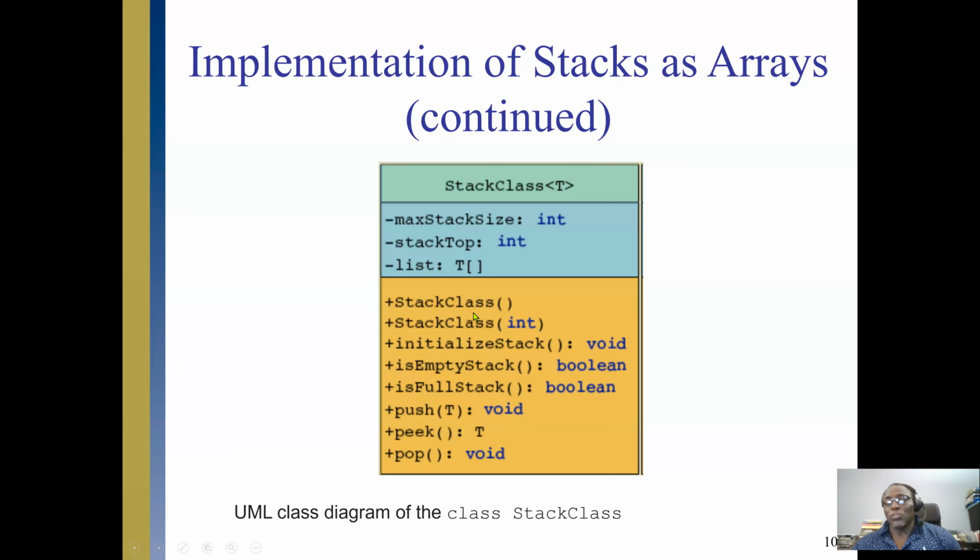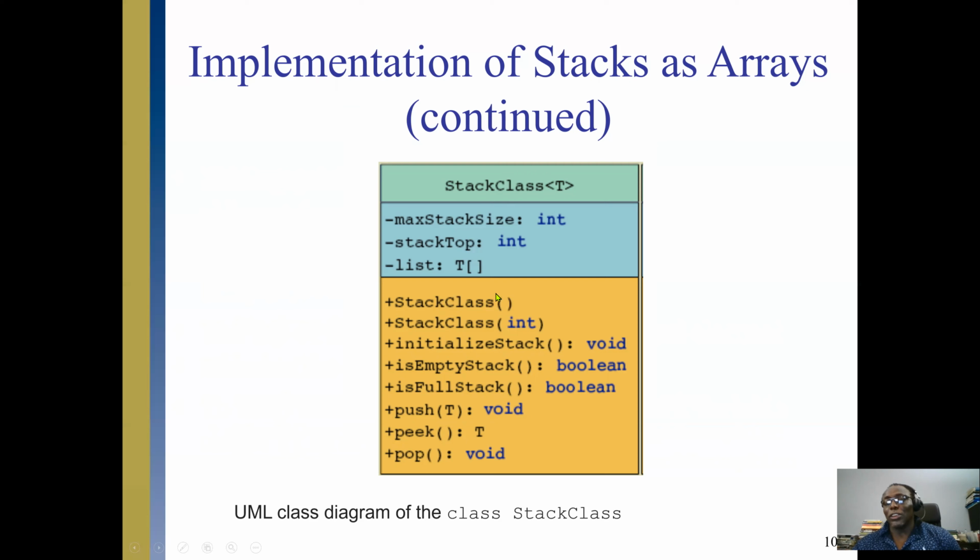So we have our default constructor, which is called stack. The default constructor is a special method that has the same name as the class. It doesn't have a return type, and we also don't use void. With no arguments, it will initialize the stack to whatever initialization we have for the instance variables.